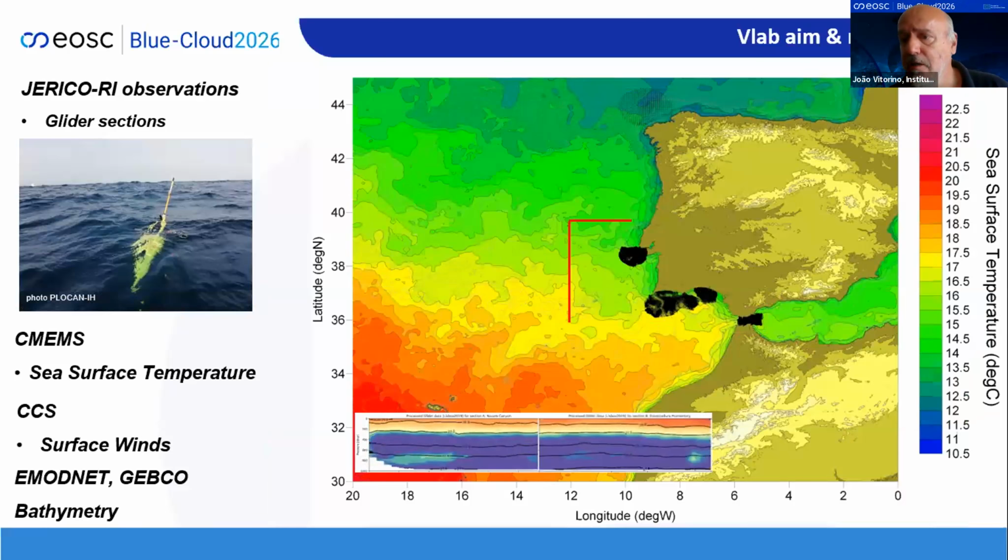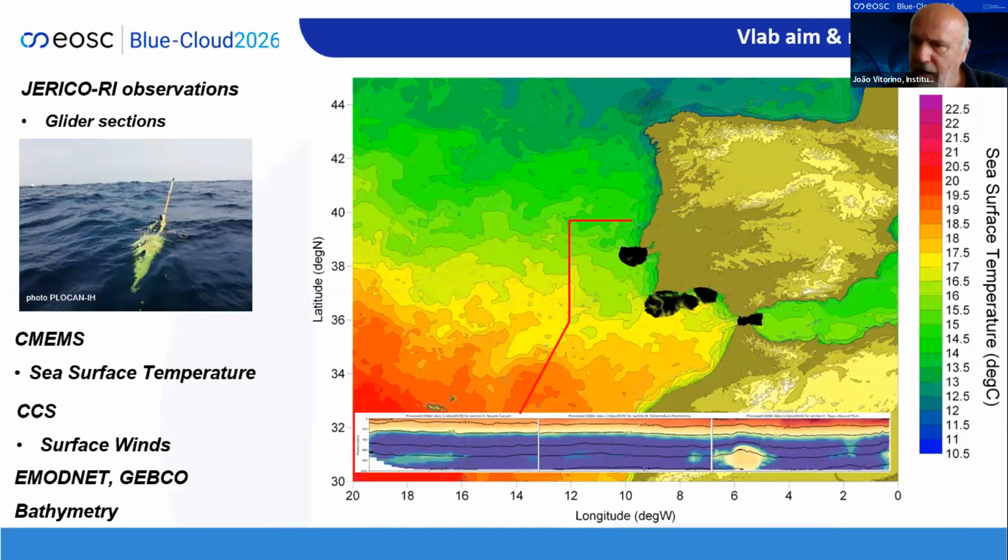Also, JERICO area is providing data from gliders that are moving in the area offshore the coastal ocean environment. And so the gliders can provide us a view of the water column properties, and from these we can build a perspective of the deep ocean influence impacts on the coastal ocean environment.